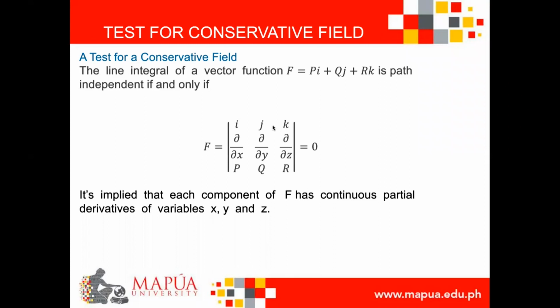We can find the determinant of this matrix by the basket method or the cofactor expansion about a row or column. It is implied that each component of F has continuous partial derivatives of variables x, y, and z.